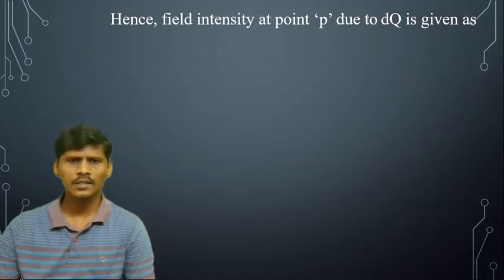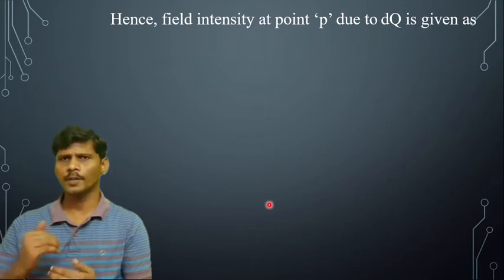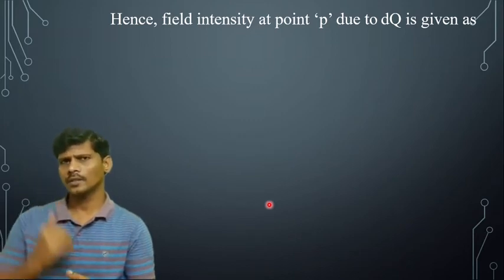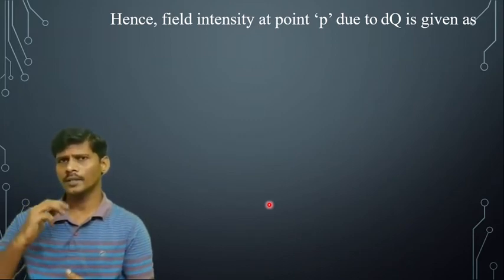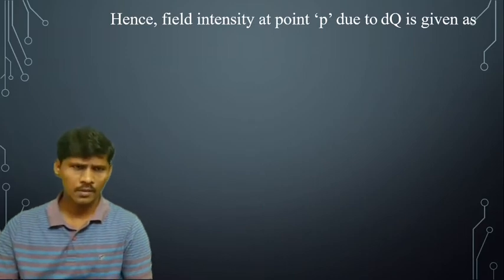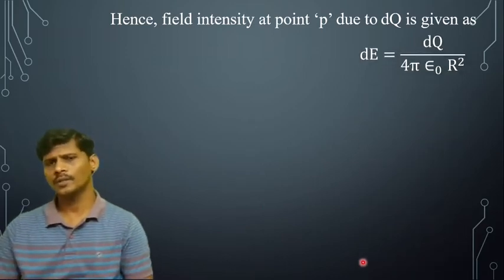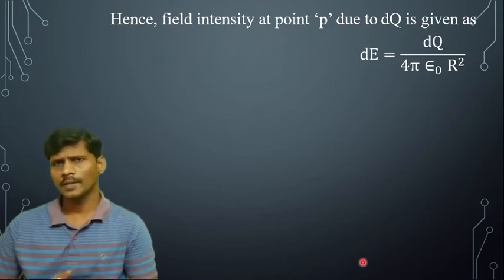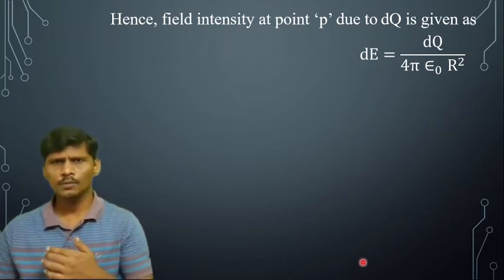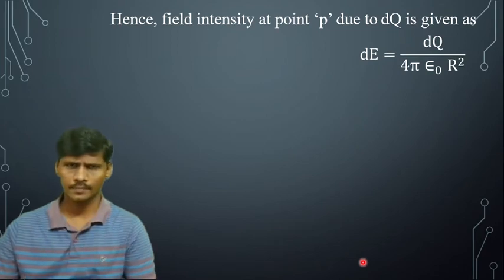So calculate the electric field intensity at a point P due to the charged circular disk at a distance h meters from the origin. The differential electric field intensity at point P due to dq is given by dE equal to dq by 4 pi epsilon naught R square.